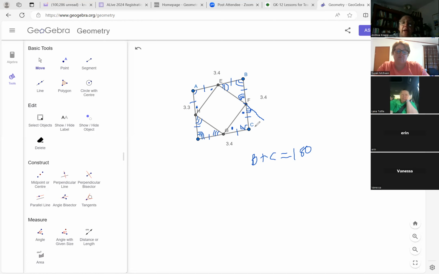But we also know that angle B plus angle C is 180. But these two dots plus angle C is also 180 because it's a triangle.